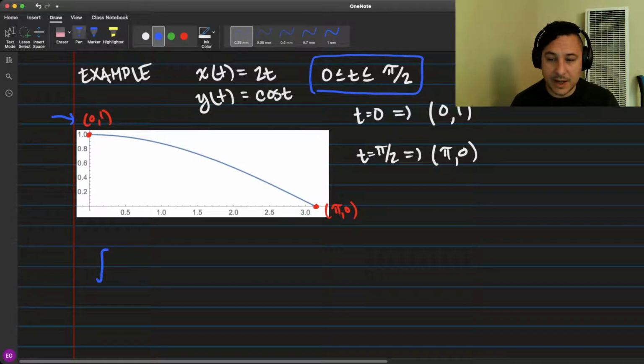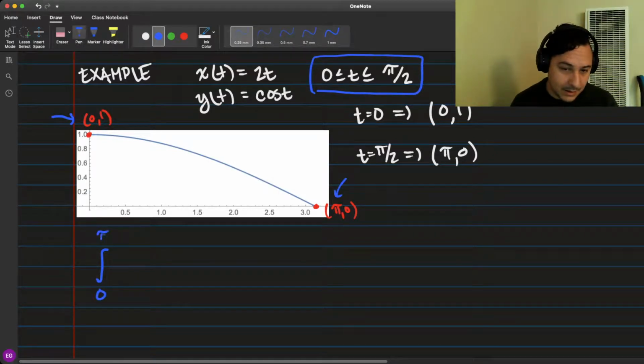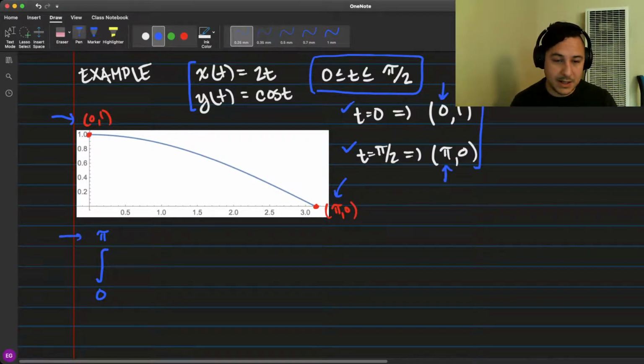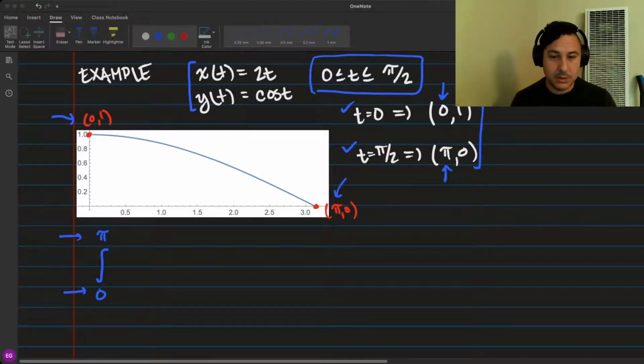What are my x values? It was 0 to pi. Those are x values. That's why I plugged 0 and pi over 2 as t values into my parametric equations to get the x and y values. That's how I got 0 and how I got pi. That's how they end up here in the limits of integration.